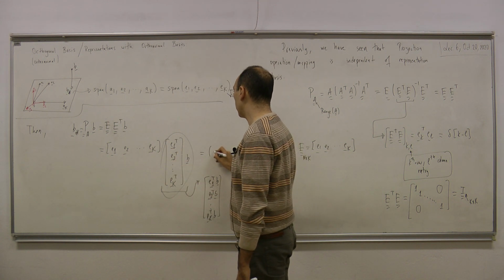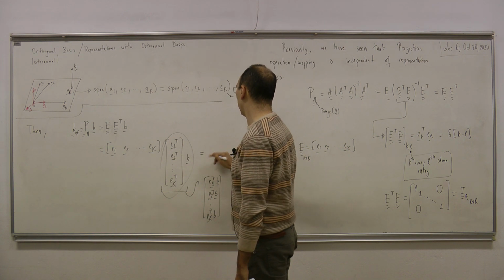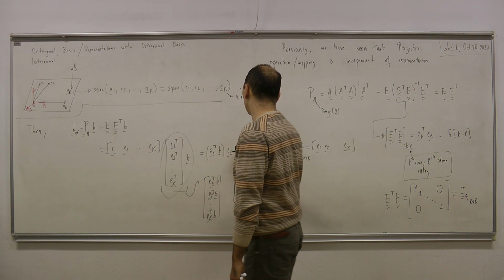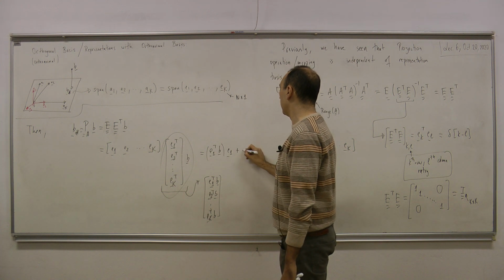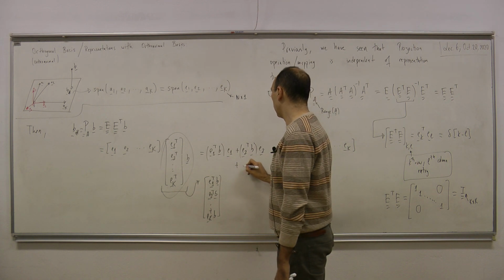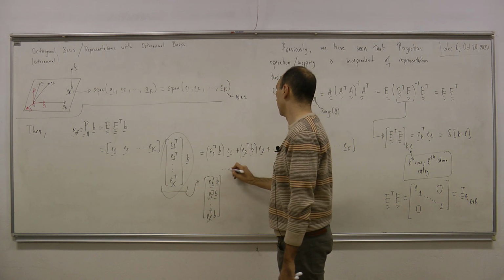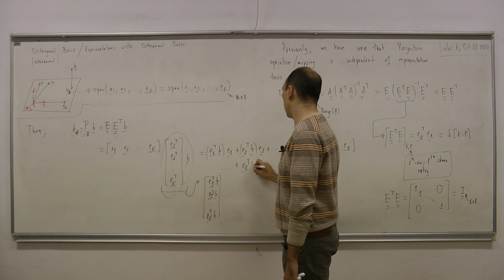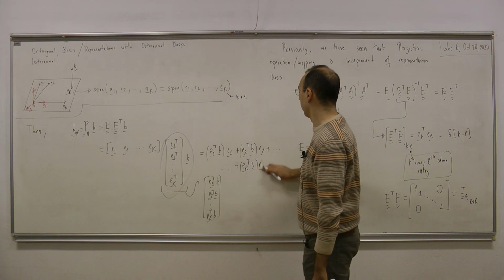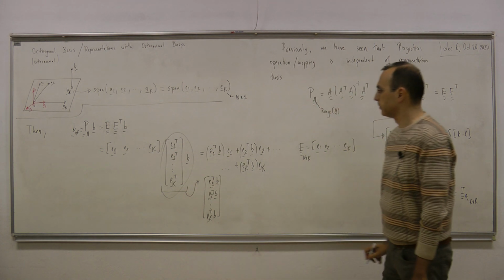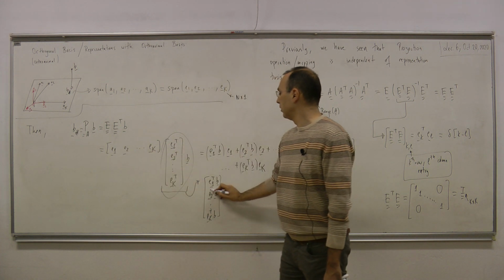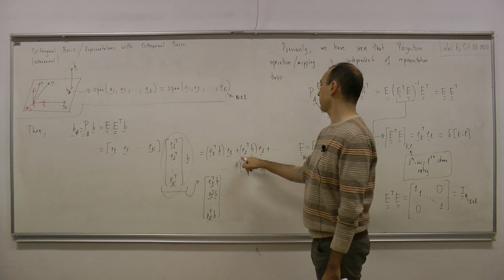So I get E1 transpose B times E1 plus E2 transpose B times E2, up to EK transpose B times EK, because whatever this numerical value is, it's multiplying the first column, the second numerical value multiplying the second column, and so on.